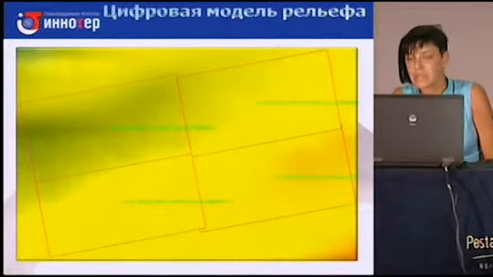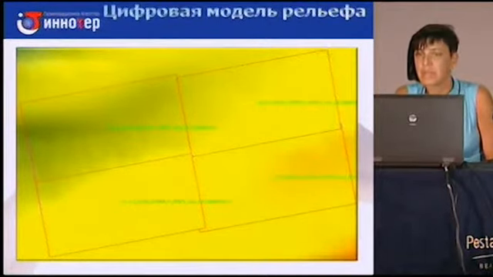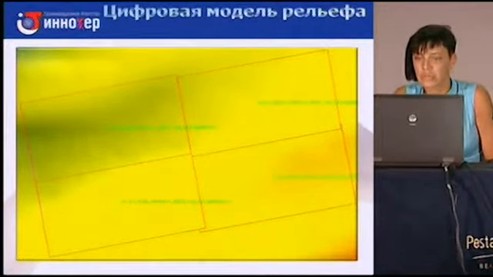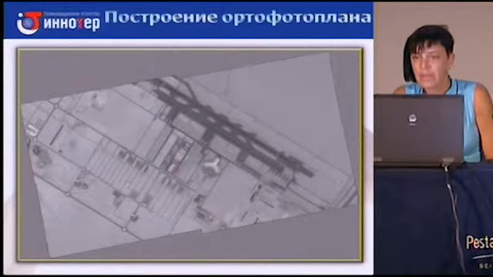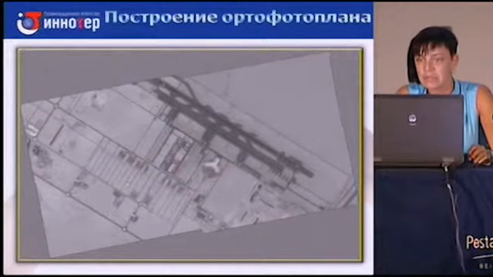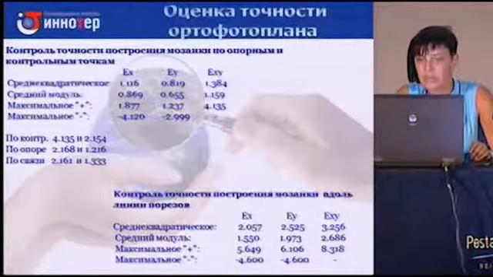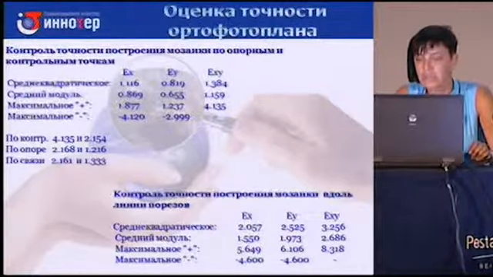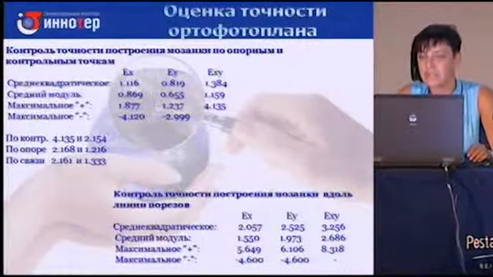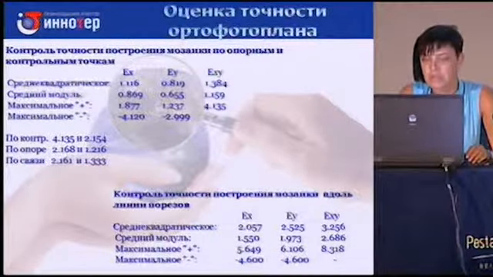As the terrain was rather flat, the gradient was just not more than 30 meters, we could use CRTM. In the Mosaic module, we built orthophotoplan, and we verified its accuracy vis-a-vis ground control points and along seam lines. Again, you can see the accuracy.